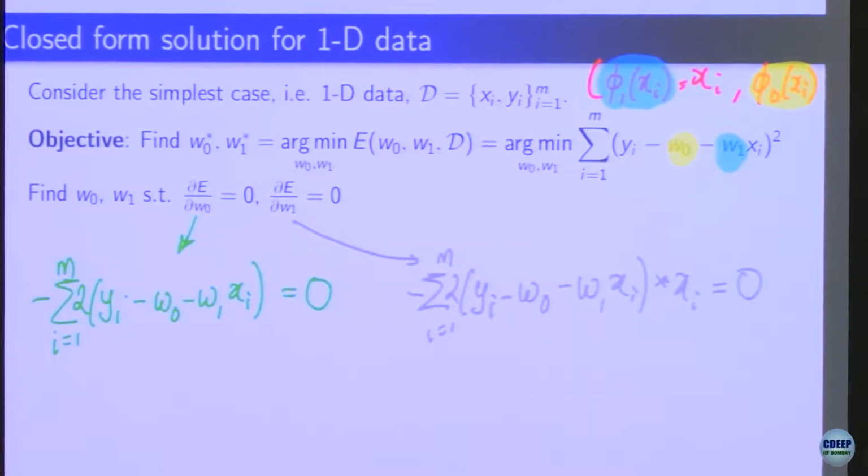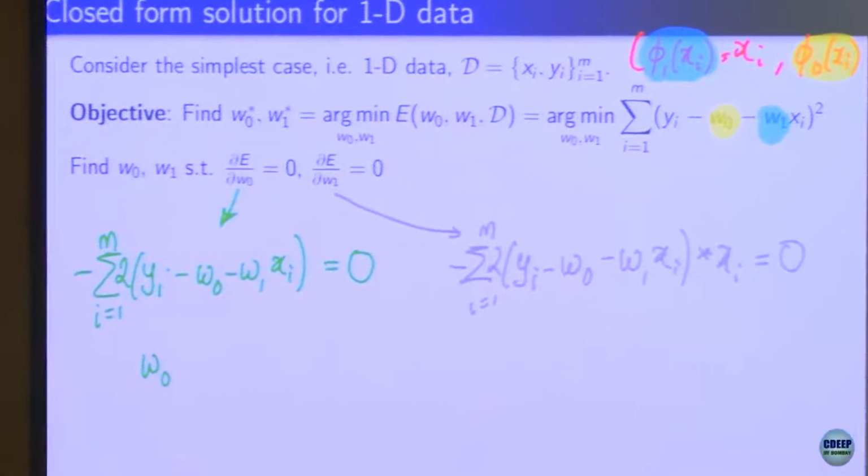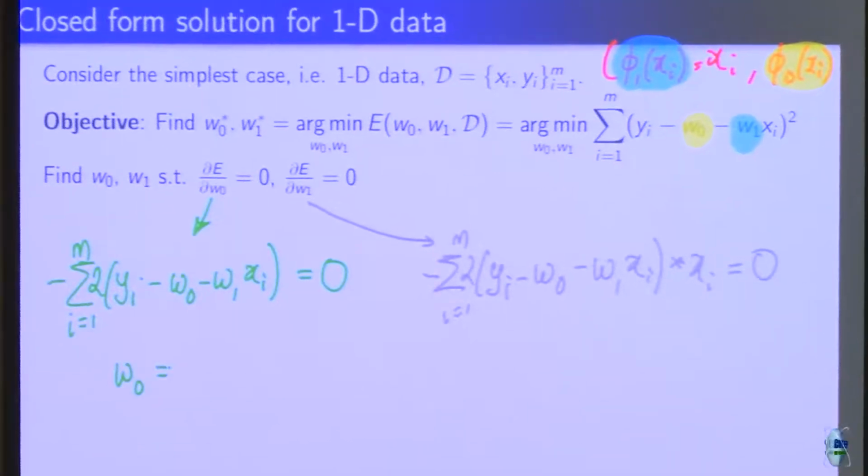What will be the form of W0? Okay, what was W1? Summation of xi upon n. Okay. So can you write it in terms of averages? So xi upon n. Some of you are getting those terms, right?